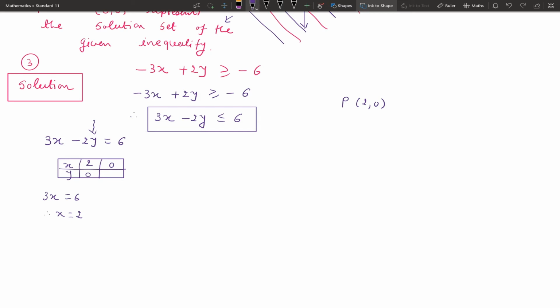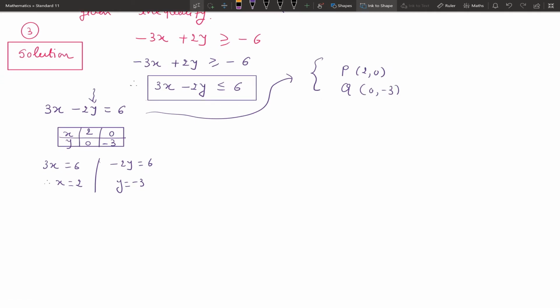Put x equal to 0 in the equation, so minus 2y equal to 6, so y will be minus 3. So another point of the line is Q(0, -3). So this equation represents a line passing through P(2, 0) and Q(0, -3).